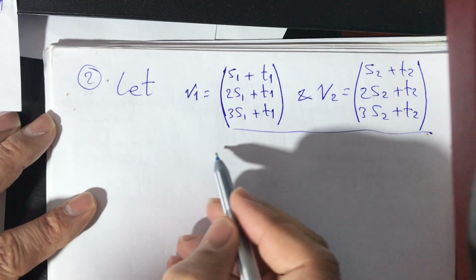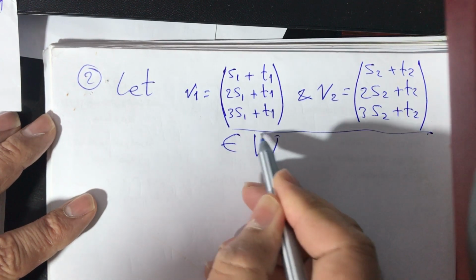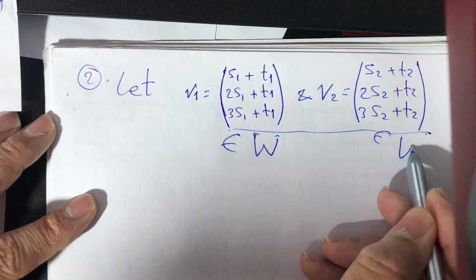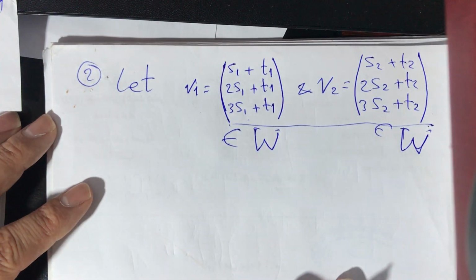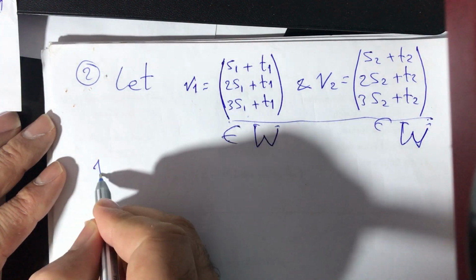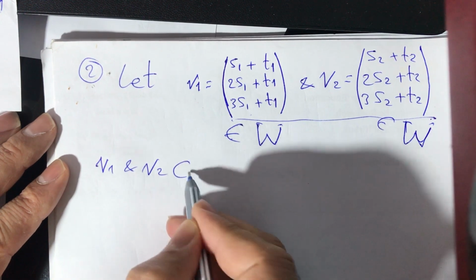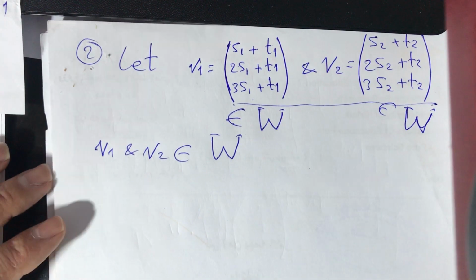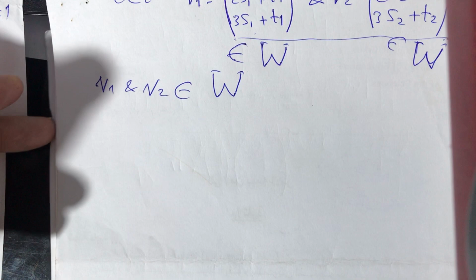Both of them belong to W. V1 and V2 belong to W. I have to show that V1 plus V2 also belongs to W.